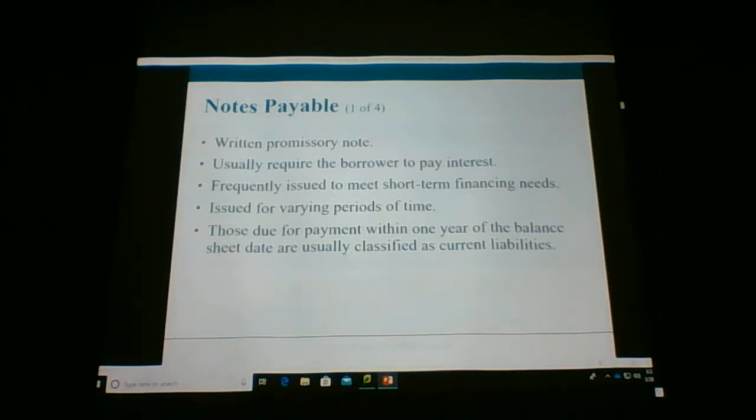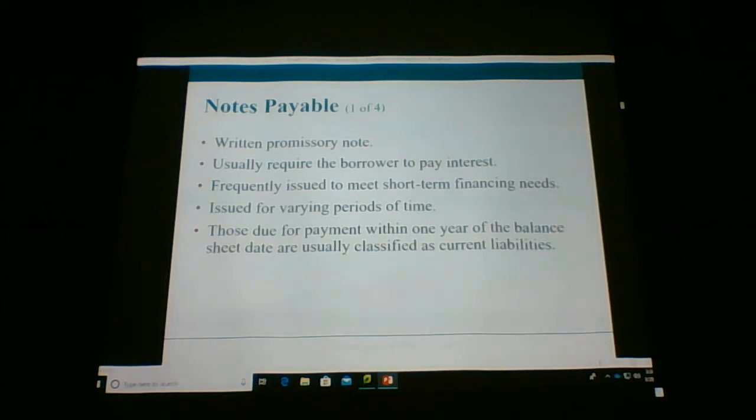Okay? I've kind of alluded to this fourth item here. We can have notes payable for very, very short periods of time, such as 3 or 4 months. We can also have notes payable for several years, even decades potentially. Okay? And again, because we are talking about current liabilities, payment is normally going to be due within 1 year of the balance sheet date.